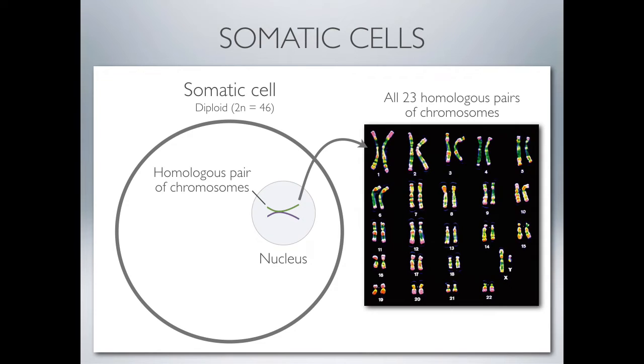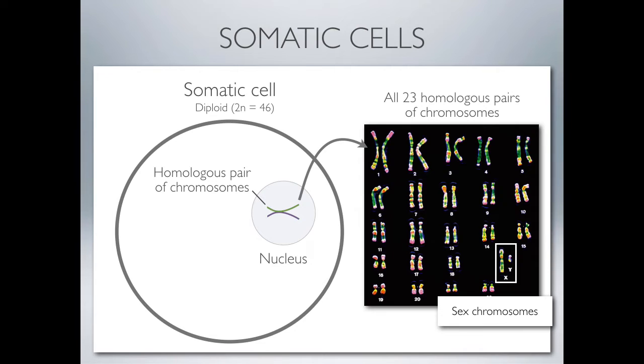All 23 homologous pairs are shown here. The sex chromosomes, of course, determine, well, sex, and so we have here an XY, that's a male. The Y is sort of the vestigial chromosome. Okay, so that's the basics of your genetic material in a somatic cell.